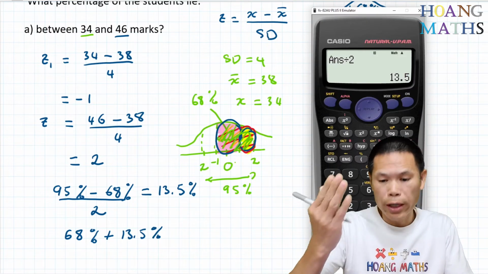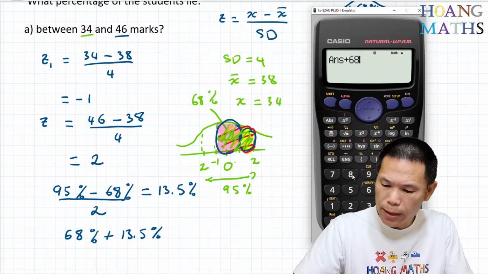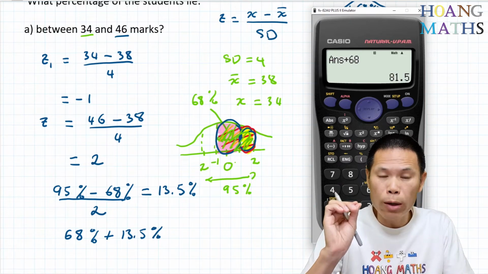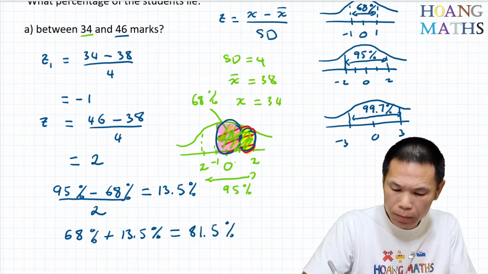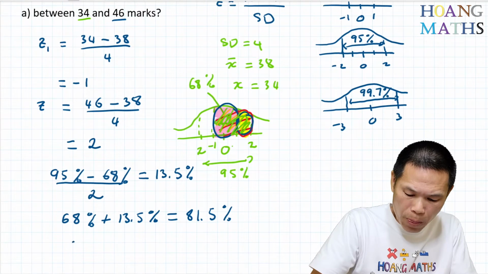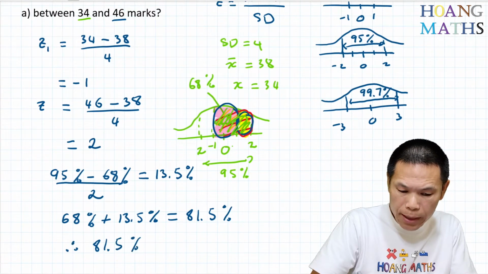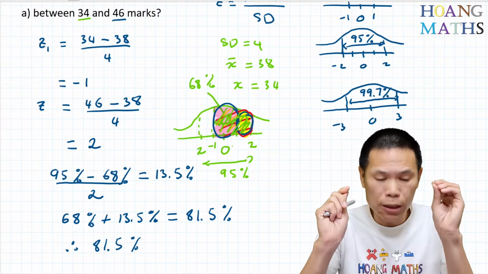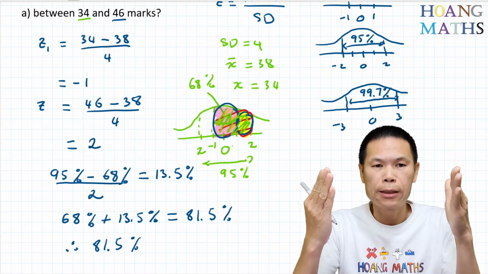So just put that on a calculator. I go answer plus 68. So there you go, 81.5%. So therefore, 81.5% of the students lies between 34 and 46 marks.